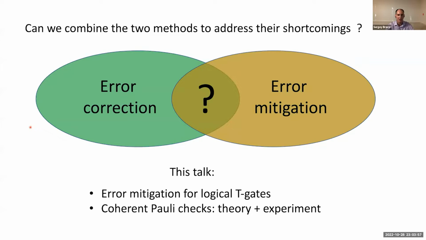The second part is about Coherent Pauli checks, which is a previously known error mitigation method. In fact, Ken Brown is one of the inventors behind this idea. I will describe a simple theory that we can use to prove rigorous performance guarantees. And I will also show you some experimental results.